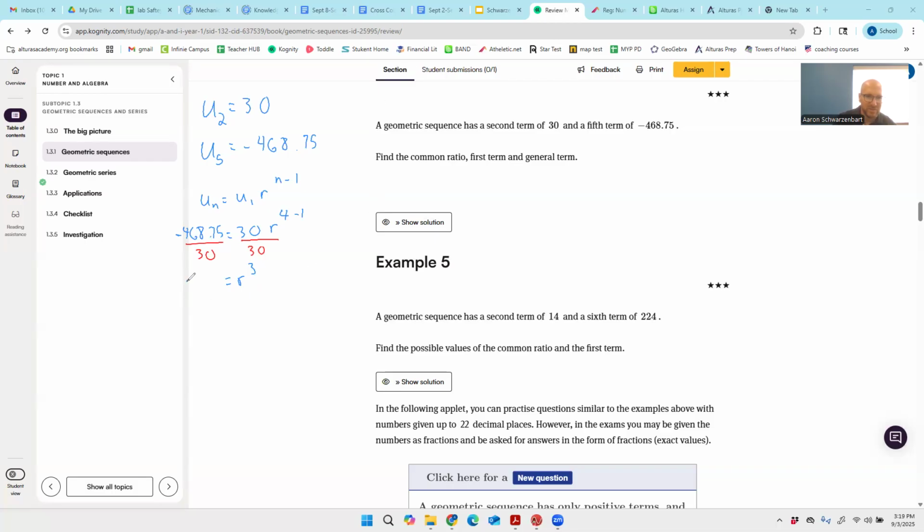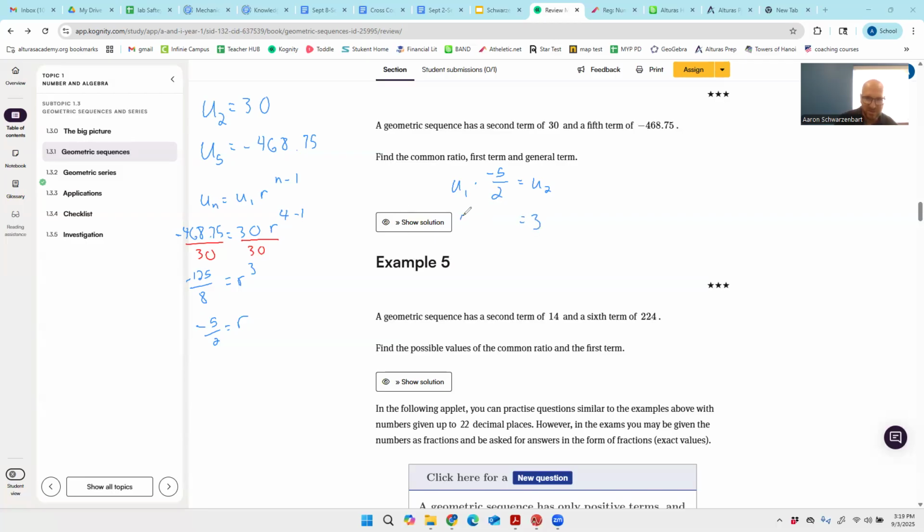I get negative 125/8. When I cube root that, I get negative 5/2 equals r. That's my common ratio. My first term, well, I can either use the formula, or I can realize that my first term, U1 times my common ratio equals U2, which is 30.